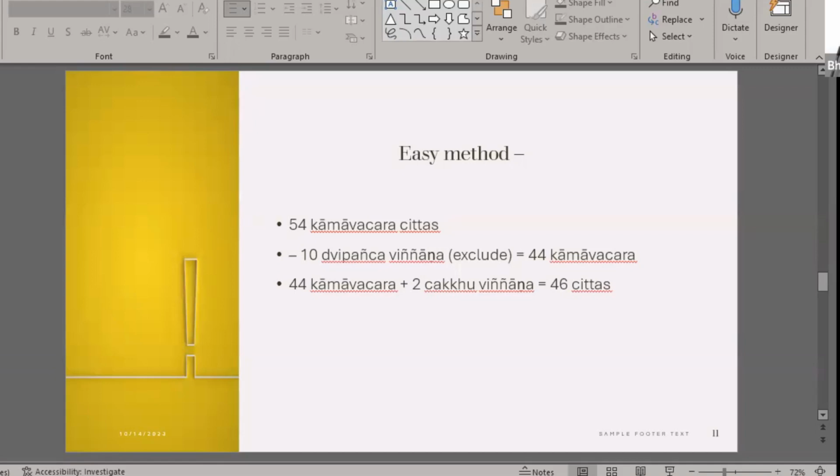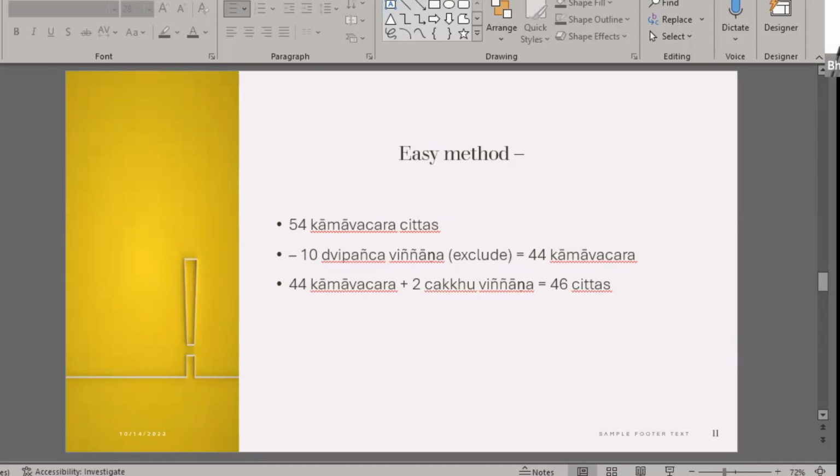For nose-door, you have to add 2 nose consciousness, ghāna viññāna. So then you will get 46. Similarly, jivhā viññāna, kāya viññāna. 46 for each door. This is the easiest way to find out the chittas that arise in those 5 doors.